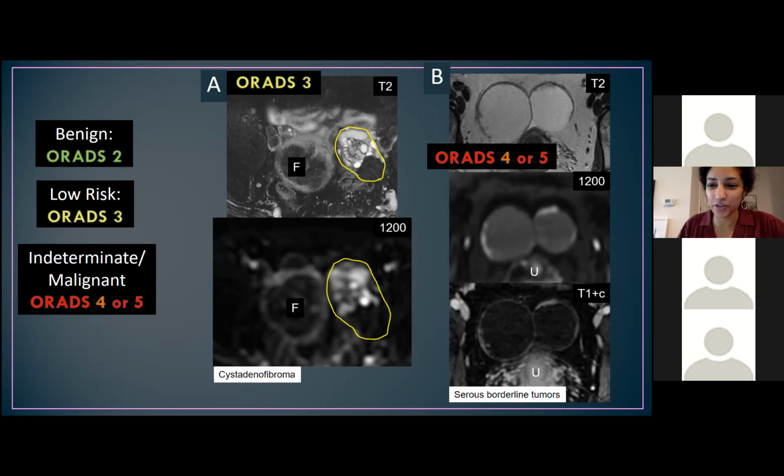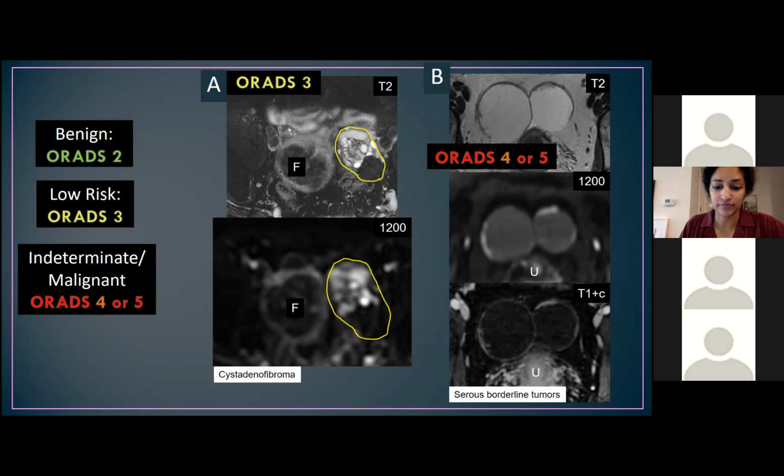Awesome. Okay, one last question, which is the role of serum CA-125 for ovarian masses. Do you use that, and how specific is it? So if it's elevated, it helps you out because you know that there's something going on.